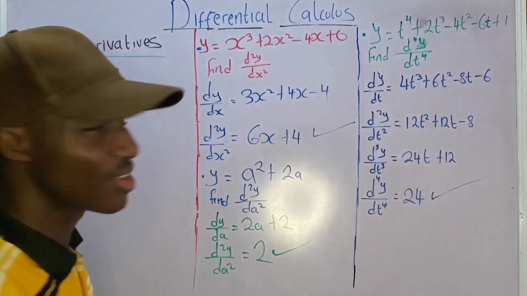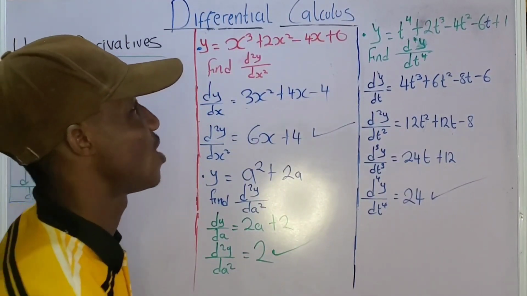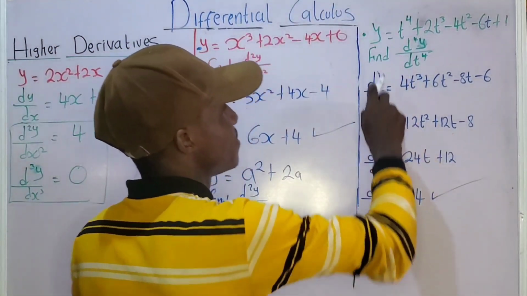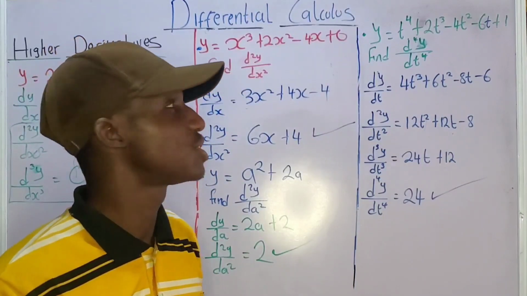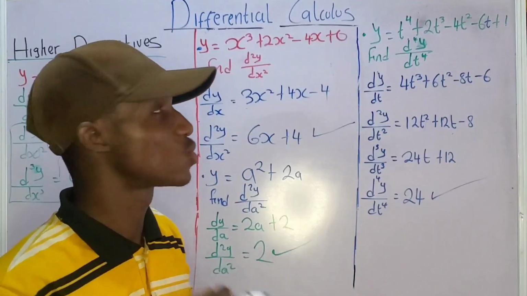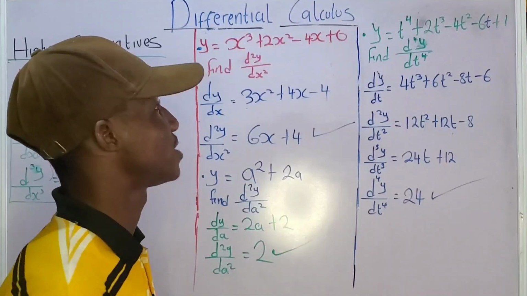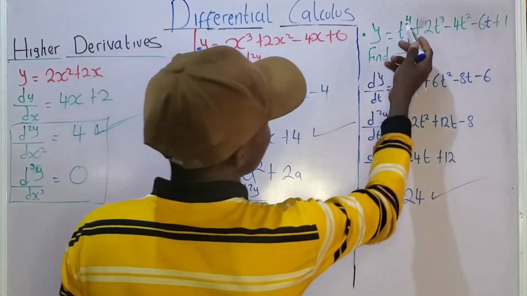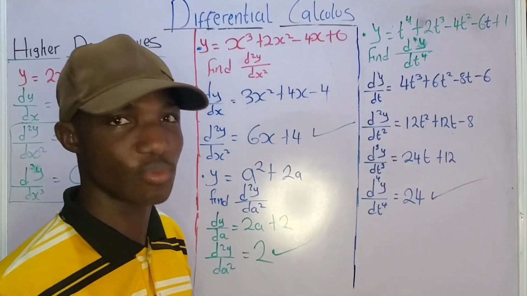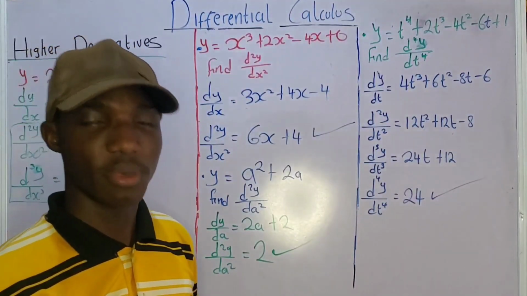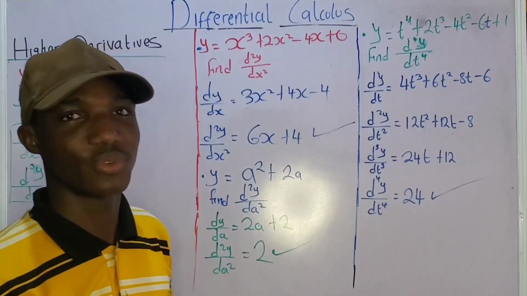Do you understand how I got the answer? Okay. Now we are asked to find the fourth derivative of the function y equals t raised to the power of 4 plus 2t cubed minus 4t squared minus 6t plus 1. I'm very sure you remember the basic rules of polynomial, the power rule. Maybe you missed the class, you can always watch the video on this channel.